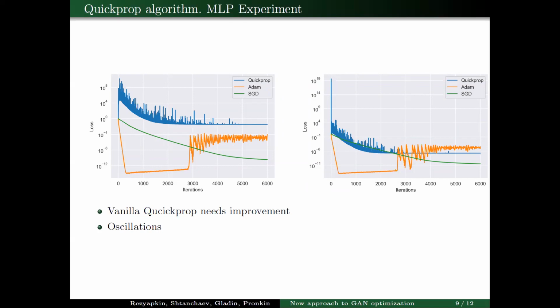On the right-hand side, you can see improved version of Quickprop algorithm, where we tried to mitigate the problem of oscillations by starting the algorithm with a simple SGD and then giving the update rule to the Quickprop algorithm. It still has oscillation, but it converges much faster.